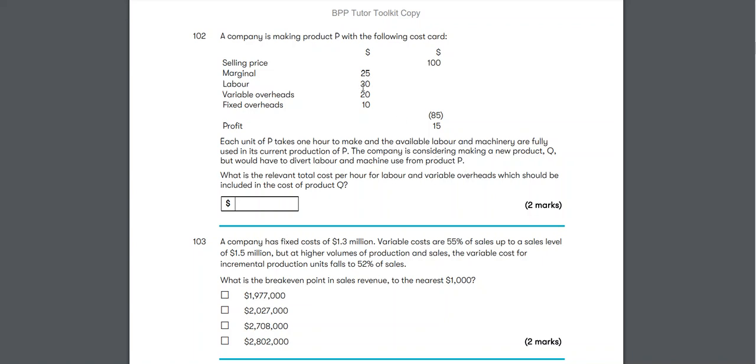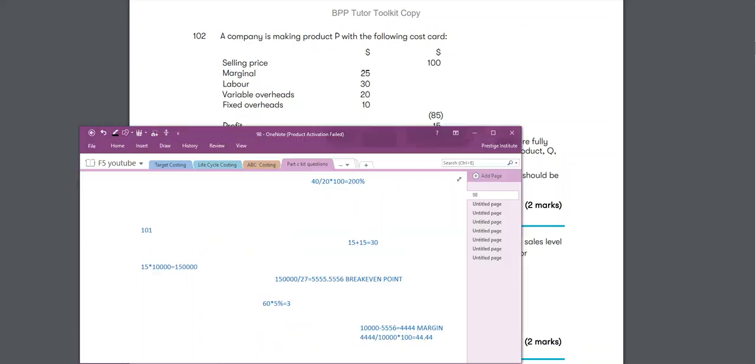we are charging 30, which is the normal price we are charging. Labor and overheads, what is the relevant cost per hour for labor and overheads which should be included? Okay, total combined.